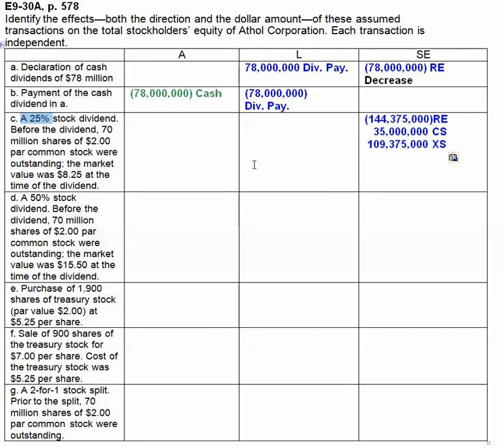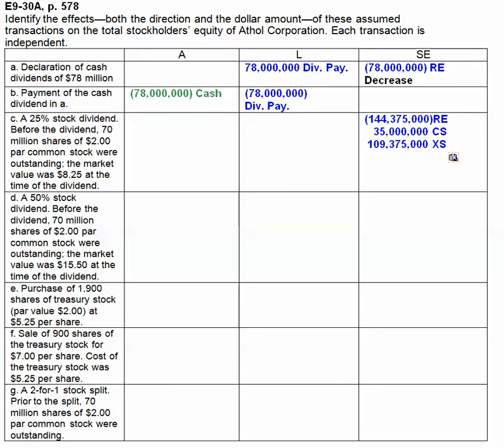A 50% stock dividend is considered a large stock dividend, and it's different than the amounts that are below. The difference is that if it's a large one, you don't split it between common stock and additional paid-in capital.